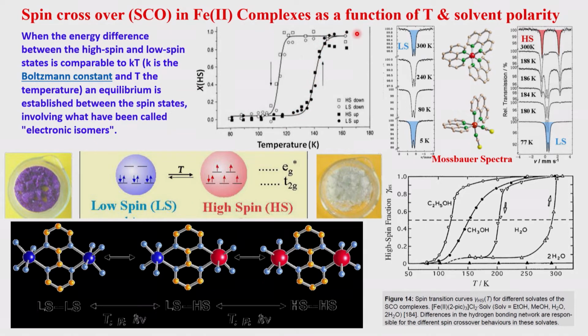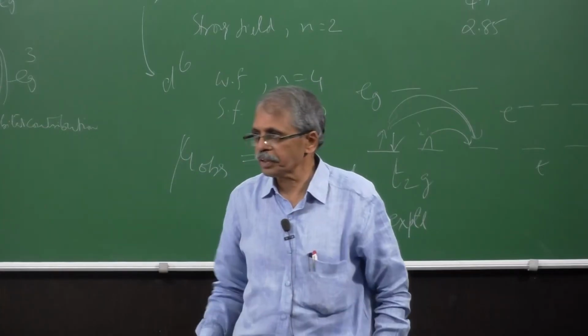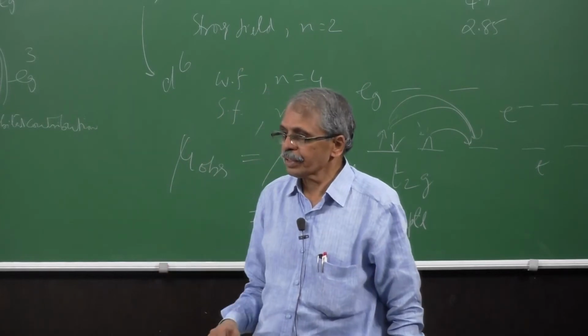But when you reverse the temperature from the higher side, you do not go back the same way. This is referred to as a magnetic hysteresis. That means magnetic memory is being stored in that compound as a result of one cycle of increasing temperature and another cycle of decreasing temperature. We will see the importance of that a little later.